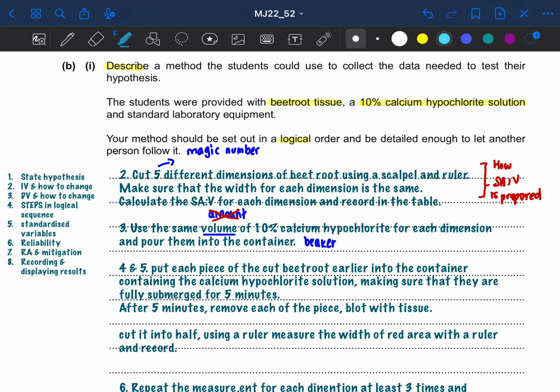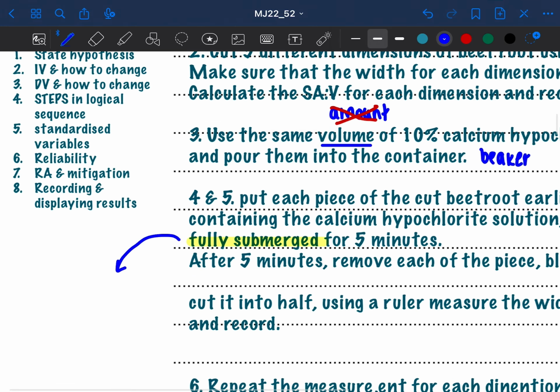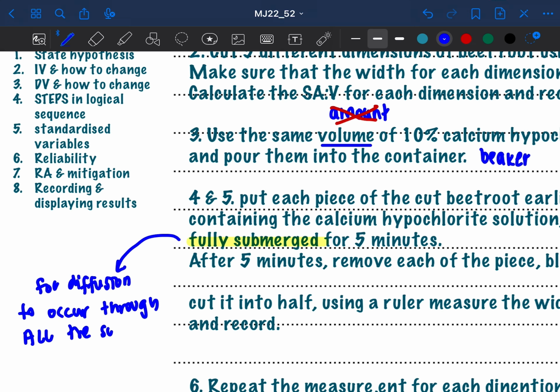Now, this is very, very important, especially when we're looking at diffusion. Why do you think? Why is it that we have to make sure that each piece is fully submerged? To allow for diffusion to occur through all the surfaces.